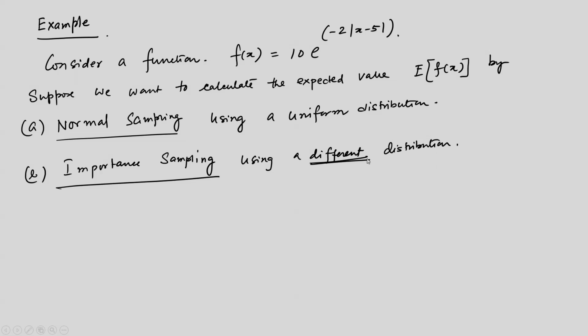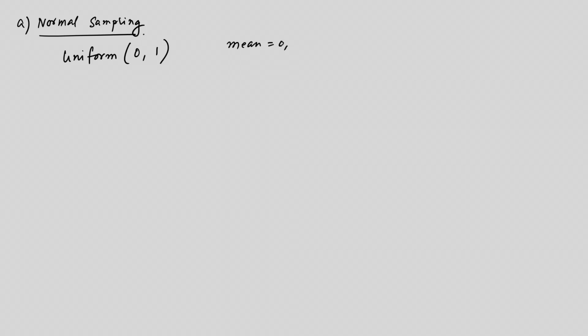Okay. So, let us look at this normal sampling A. All right. So, we will use a uniform distribution. Let us write that uniform distribution as (0, 1), which means the mean is 0 and the variance is 1.